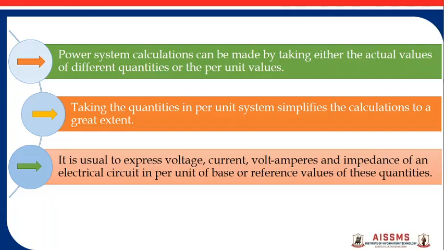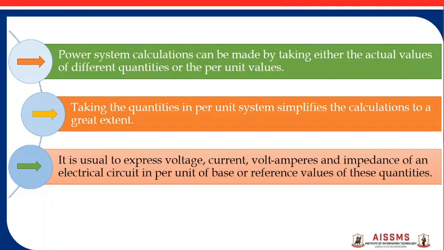So you get very large numbers, and doing the analysis with large numbers is very difficult. It is a very tedious job, and there may also be some errors. So generally, all these values are converted into per unit values.